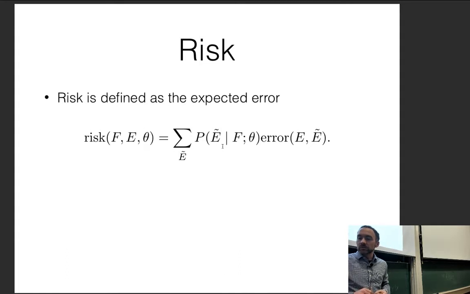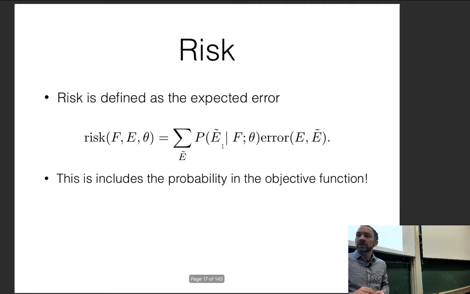So this has a nice interpretation. It's basically how poorly do you expect to do given this model, given that you have a true reference. And notably, this includes the probability directly in the objective function.